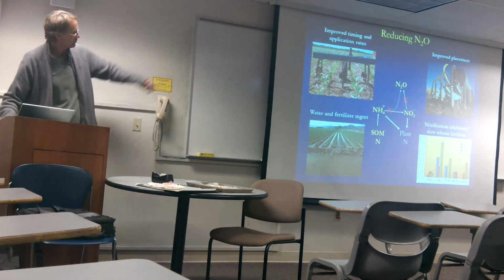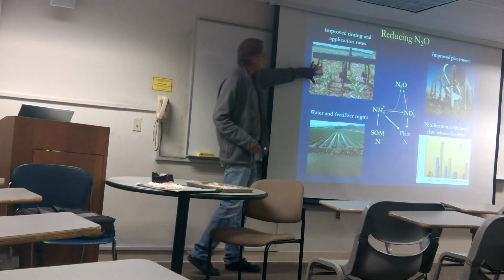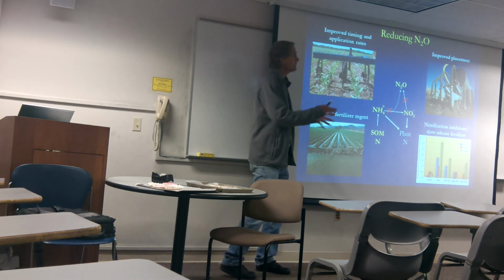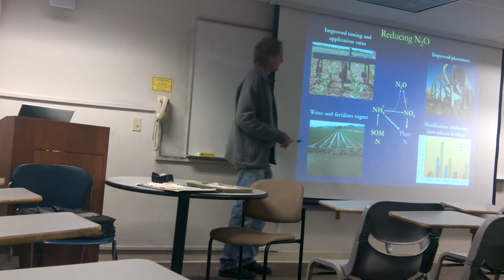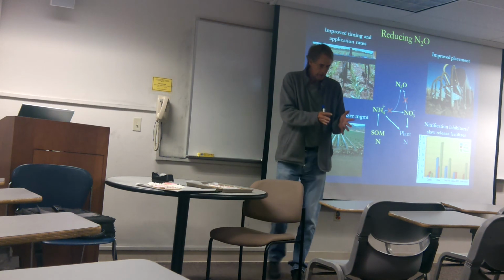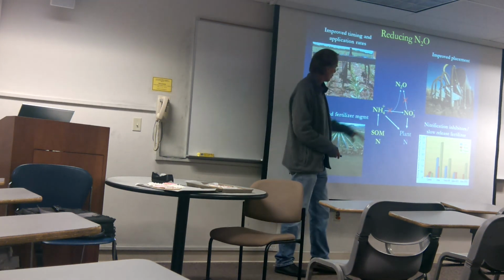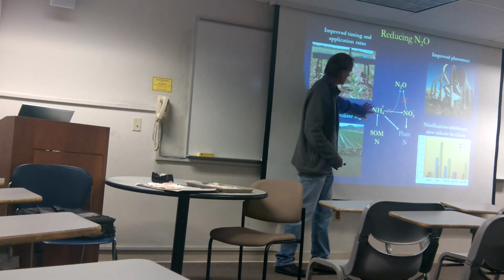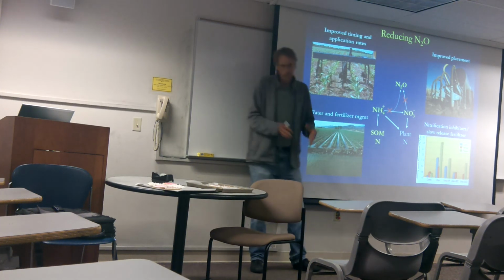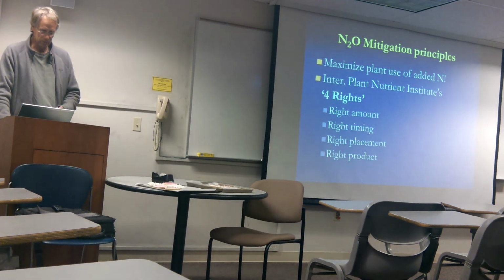So what I want to do, rather than have a bunch of this stuff sloshing around that is subject to losses, is get it into the plant as much as possible, and do other things to reduce those fluxes. The timing and amount of nitrogen you put on can make a difference. There are modern fertilizer formulations where you add inhibitors that inhibit the nitrification step, or reduce the rate of urea hydrolysis to ammonia, to improve the timing and plant use.